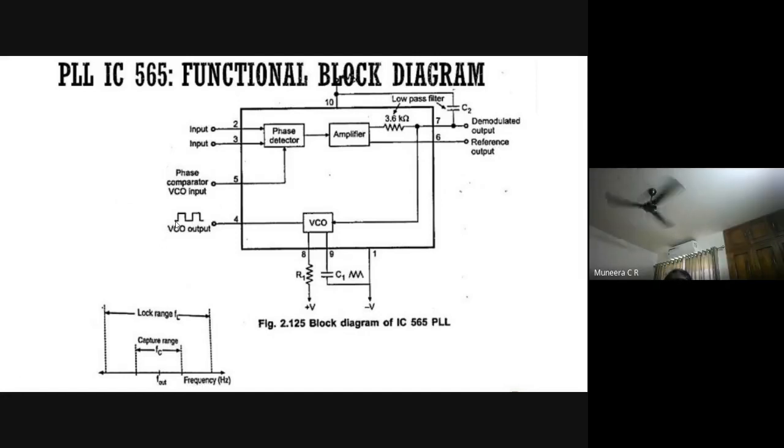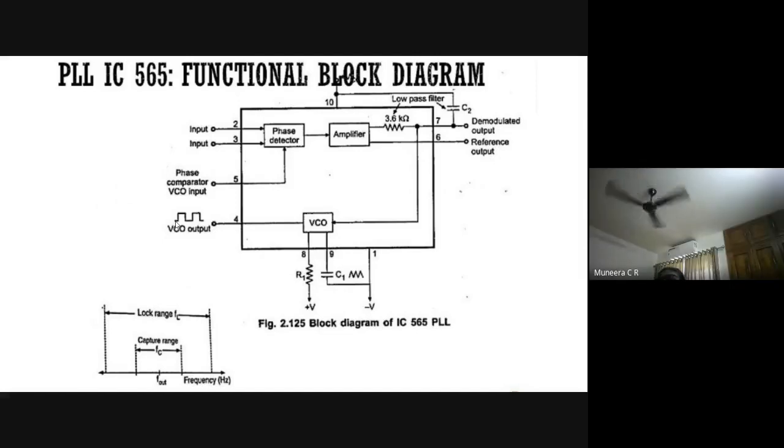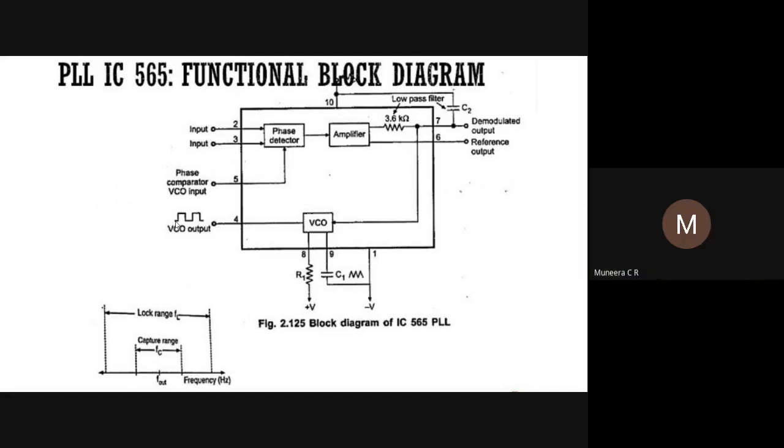So 1 kilohertz means 2 kilohertz, 3 kilohertz, 4 kilohertz, and so on. But as the number of the harmonic increases, its amplitude decreases.